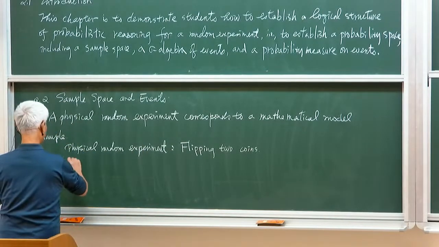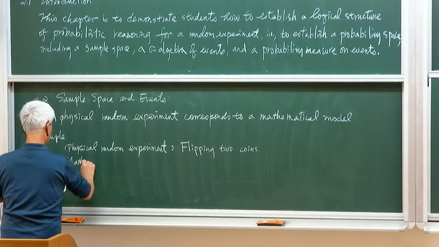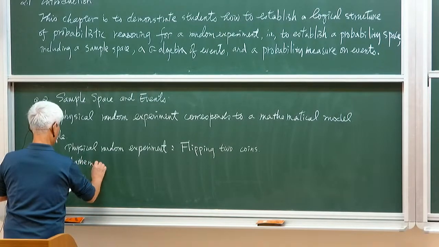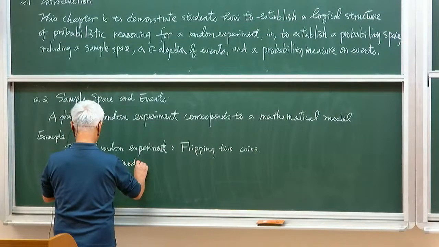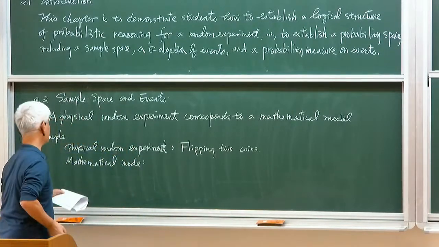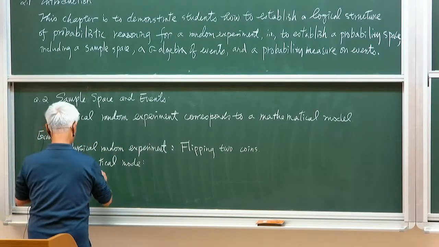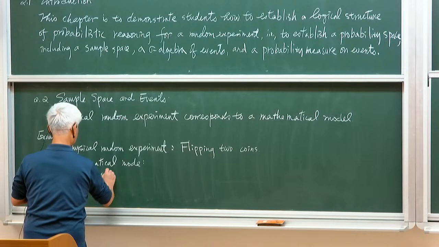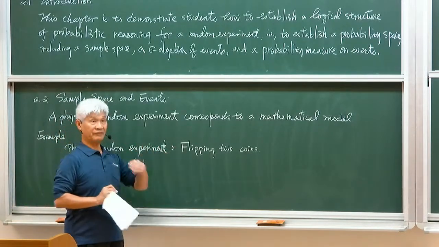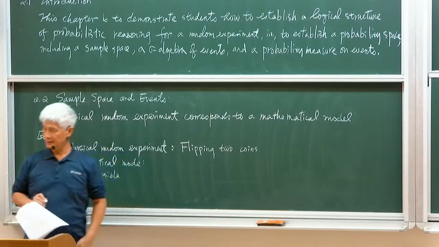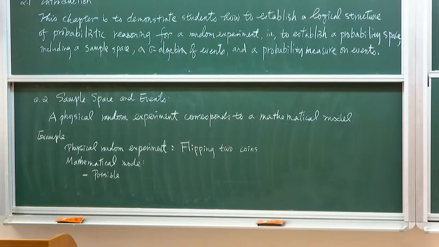Now the corresponding mathematical model we would like to establish. We are concerned first about the possible outcomes. So if you do one experiment, this one experiment is about flipping two coins. I have two coins.